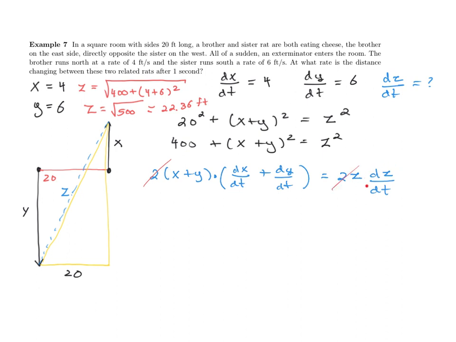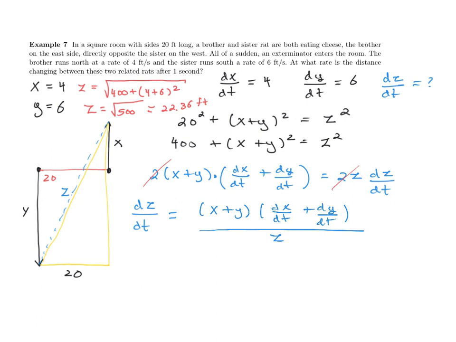In fact, I can solve for dz/dt by dividing z to this side of my equation. I'll put dz/dt is equal to this whole thing divided by z, because I already canceled the 2's. So we get (x plus y) times (dx/dt plus dy/dt) all over z.